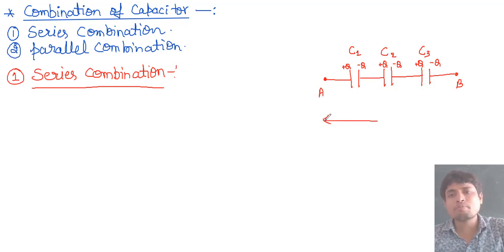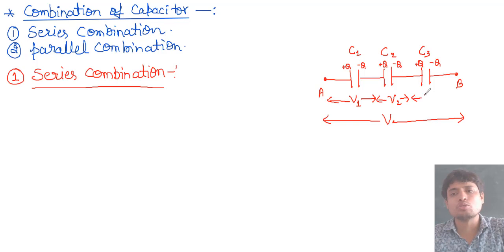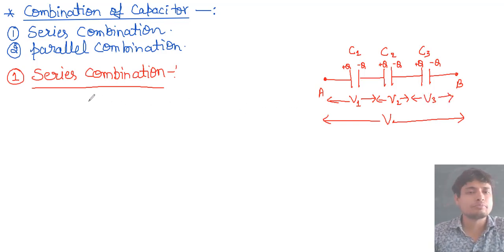Let the net potential between A and B be V, and V1 be the potential between the plates of capacitor C1, V2 between the plates of capacitor C2, and V3 between the plates of capacitor C3. Now you know that in the series combination, V is equal to V1 plus V2 plus V3.